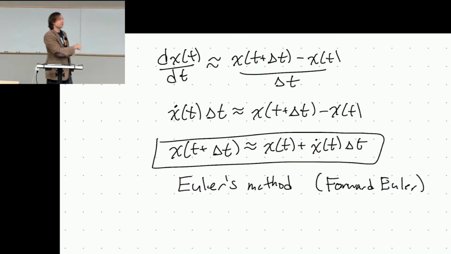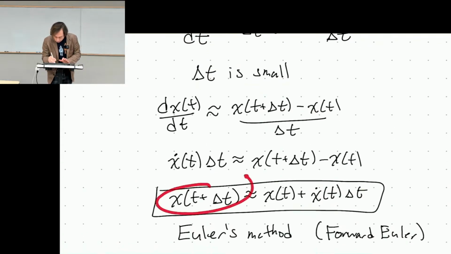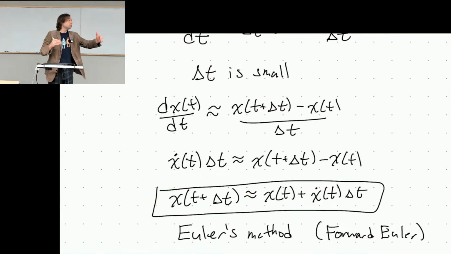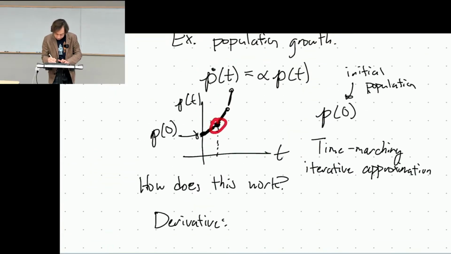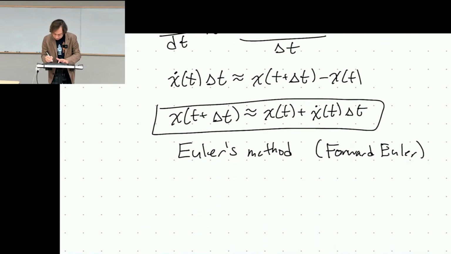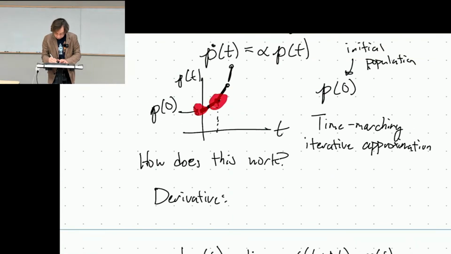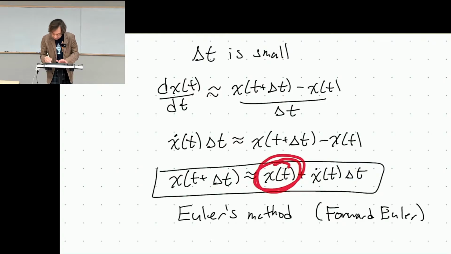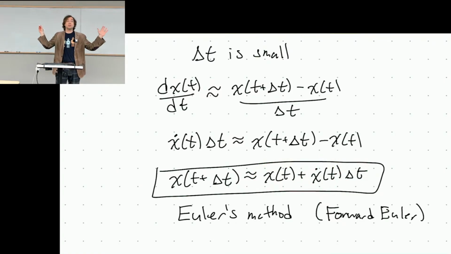Okay? And this equation encodes exactly what we did with that example up above, with the population model, with that iterative time marching step, right? It said that where you are next in time is equal to where you were in time, plus x dot of t, which is your slope, times the time step.